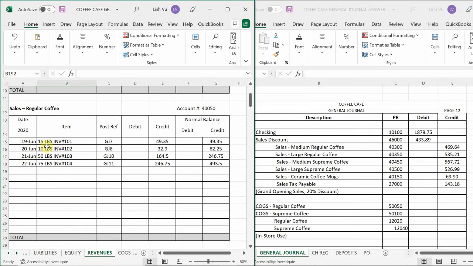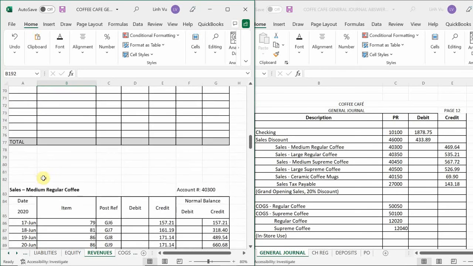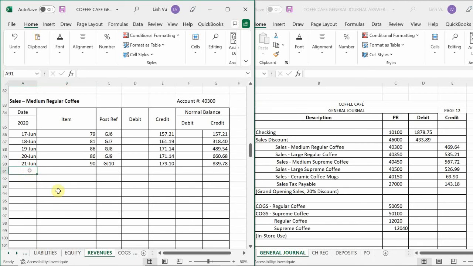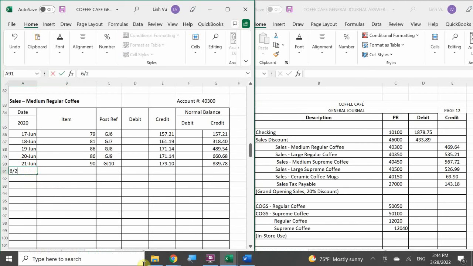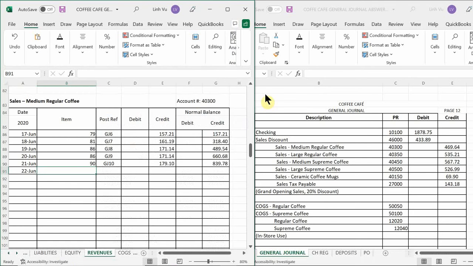So sales for medium regular coffee. How many cups did we sell? It was 236. 236.